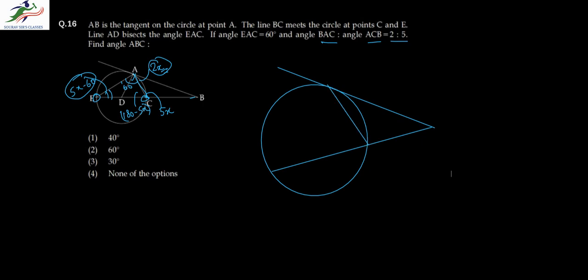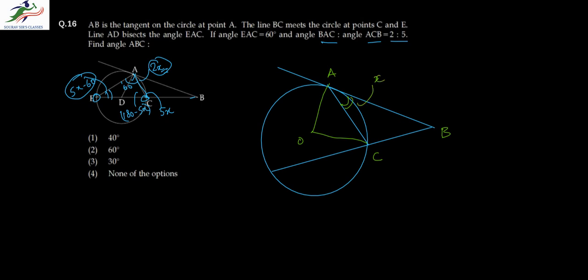So now observe that if this is the center of the circle O, and I join these 2 points, and let me name them as per the names given. So this is chord AC, and this is the center of the circle, and let this point be B as given. So angle CAB is, let's say, x.